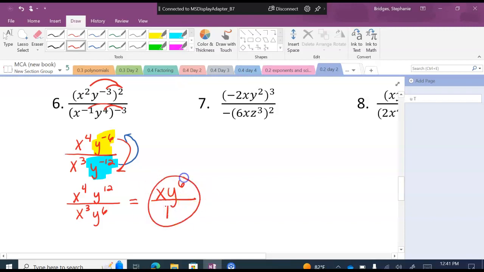So you can leave your answer like that, or we could also just write it as what? xy to the 6th. Kind of okay? Somewhat? All right, try 7. This will probably be the last one we have time for.